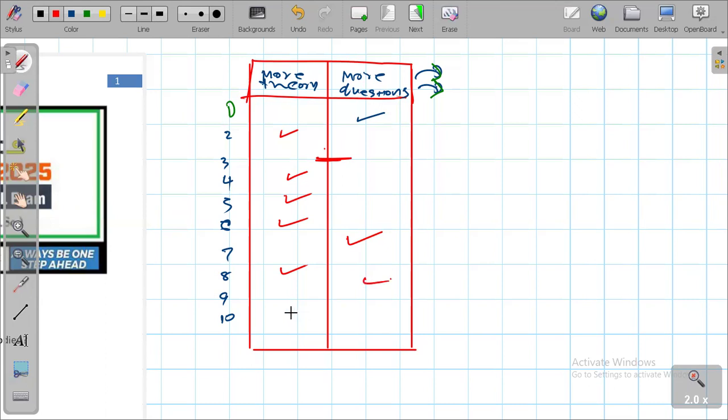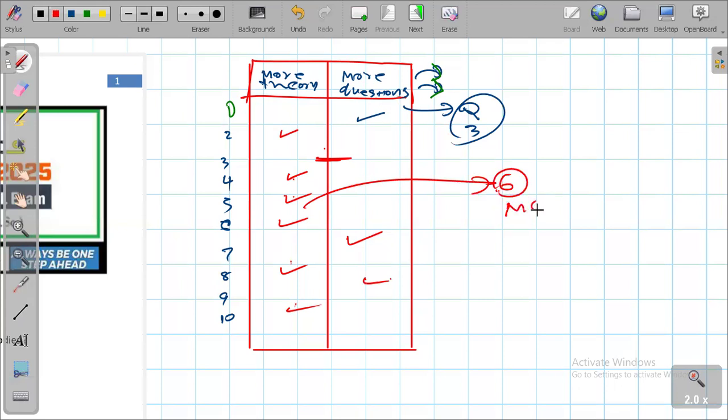More questions have 3 direct votes, while 6 have more theory. One is no man's land.